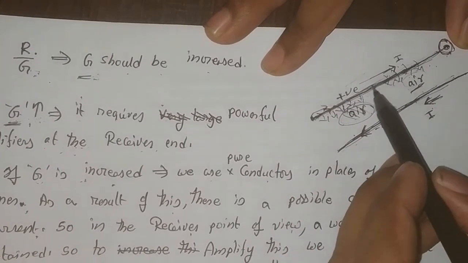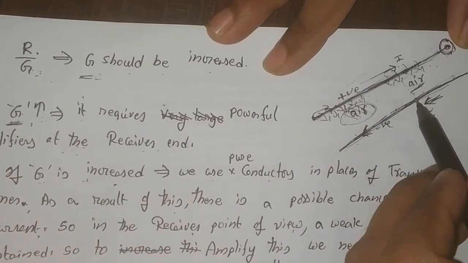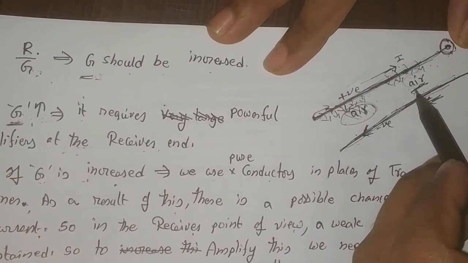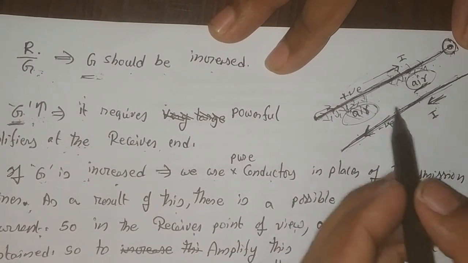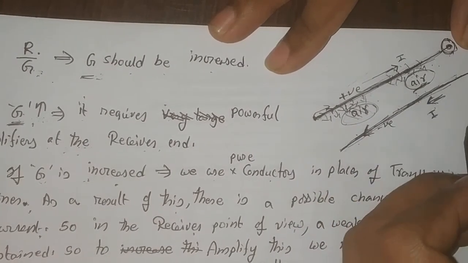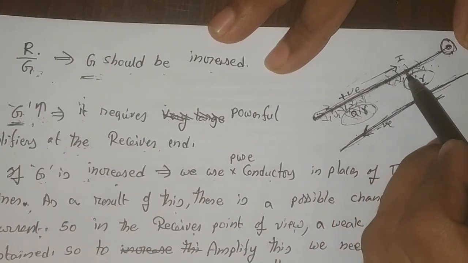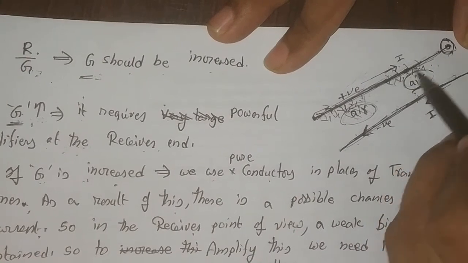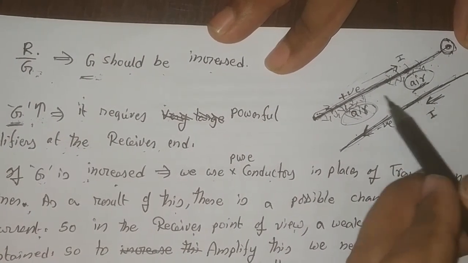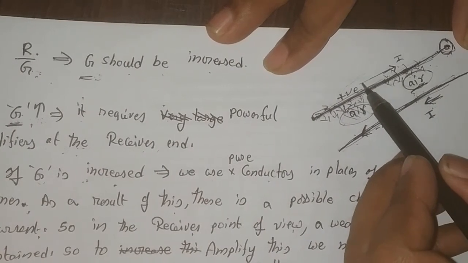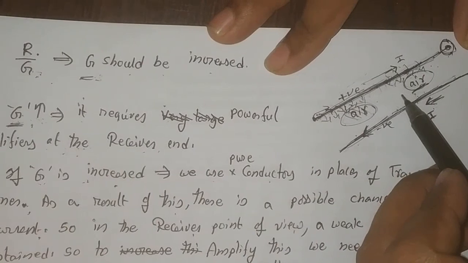It is clear that both these transmission lines are separated by air, where air is nothing but the dielectric medium. That means if you are using super or pure conductors in place of the transmission line, there is a possibility of leakage of current from one of the transmission lines into the dielectric medium.